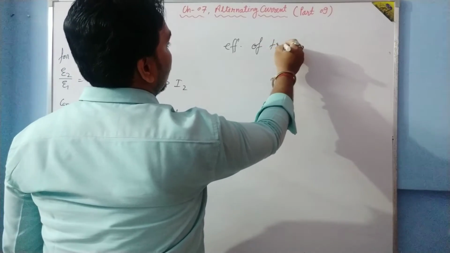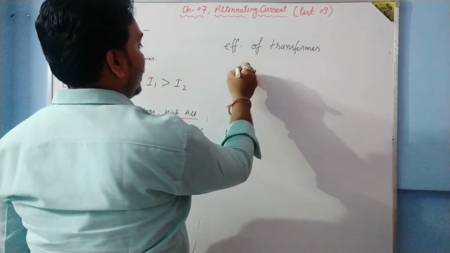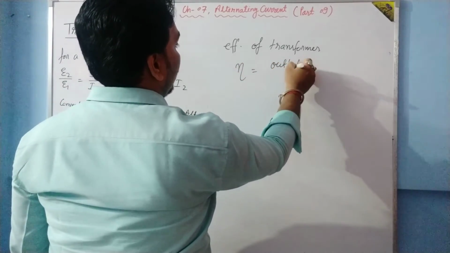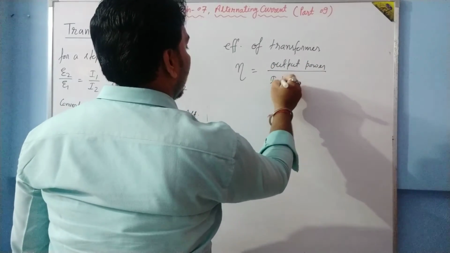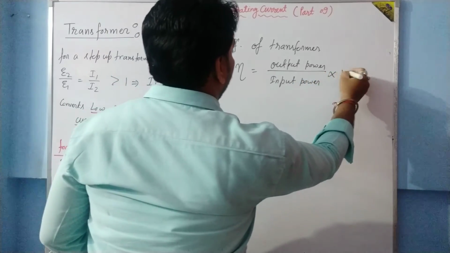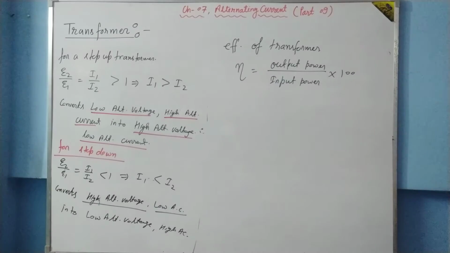Efficiency of a transformer is given by eta, which is equal to output power upon input power multiplied by 100, if you want to calculate in percentage. If you want to calculate it as a fraction, then the multiplication by 100 will not be there.